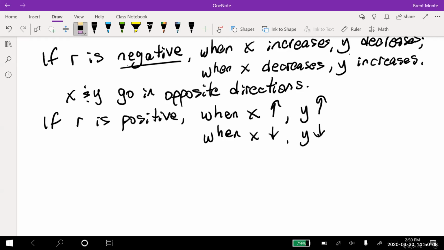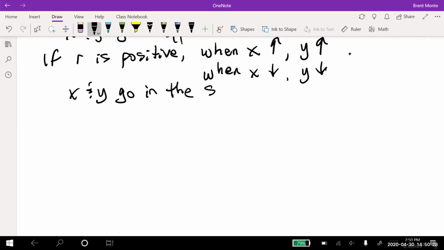We'll change both of those lines. All right, so when X goes up, Y goes up. When X goes down, Y goes down. Notice X and Y go in the same direction. That's what we would call a positive correlation.